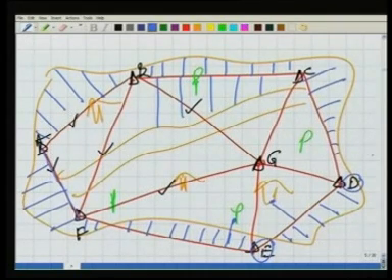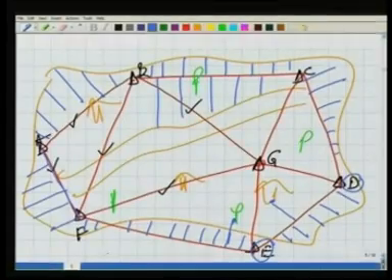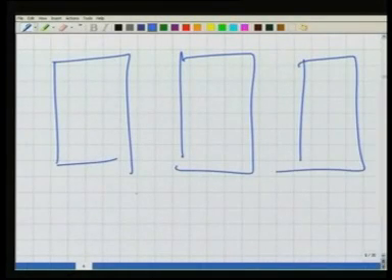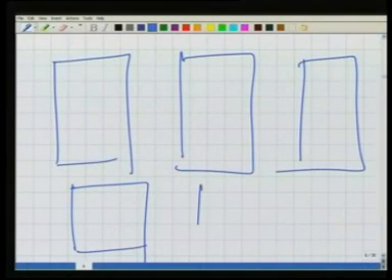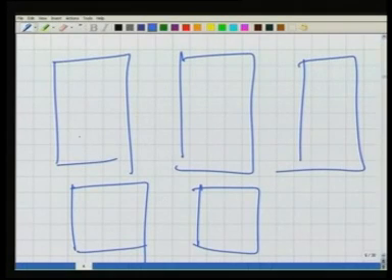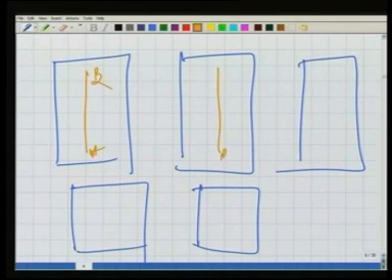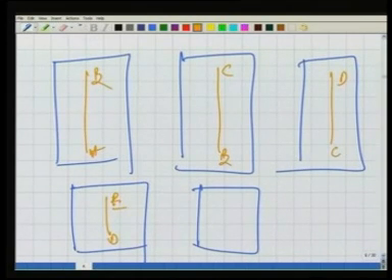We have taken all these observations, and in our field book we will have several pages. Let us say these are the pages of the field book. Over here is line AB, over here is line BC, CD, DE, EF, and so on.